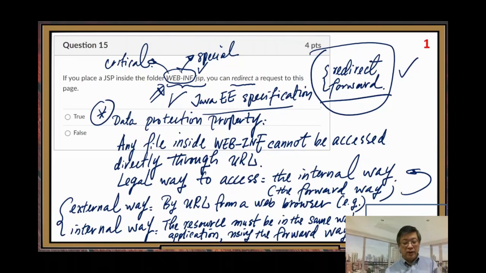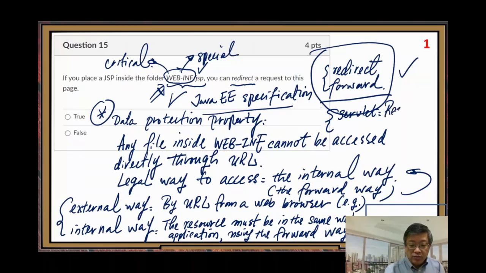Forward way, we know two ways we saw in the previous question, right? From servlet, how do you access it? Let me recall a little bit. From servlet, how do you do the forwarding? Request dispatcher, right?